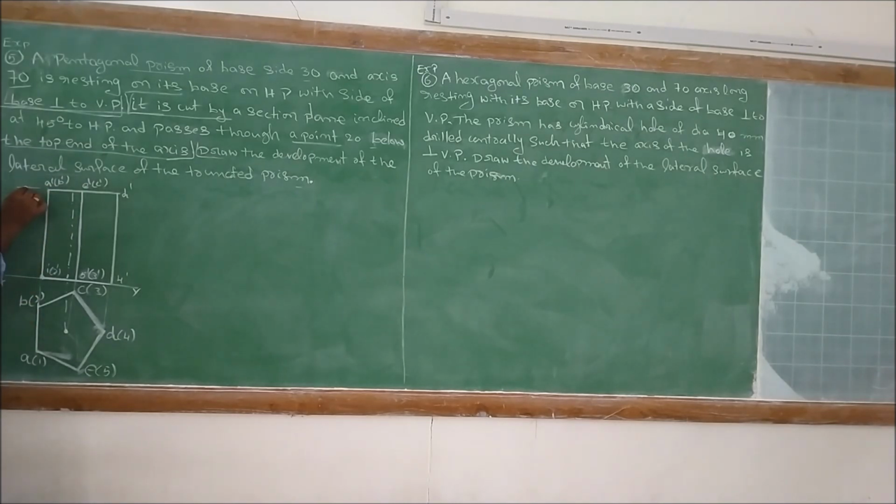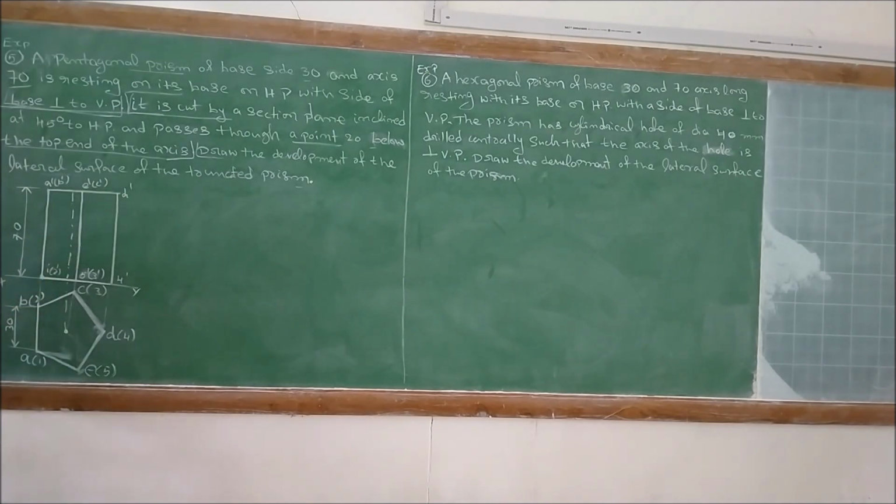So here the total height is equal to 70 mm, and from here to here it is 30 mm. So here is the first step of the problem, right? This is the first step.